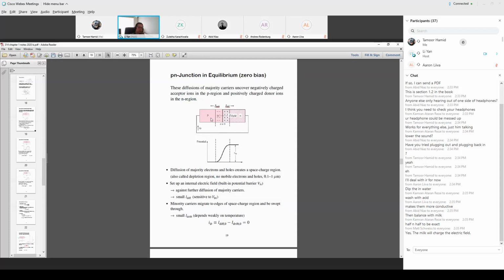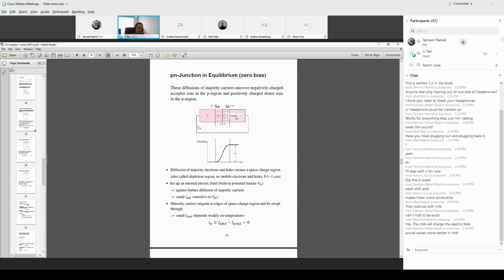For example, when holes try to diffuse further and enter the space charge region, this potential pushes them back. When electrons in the n region try to diffuse and reach this region, they are pulled back by the electric field. So this potential barrier acts against further diffusion of majority carriers.